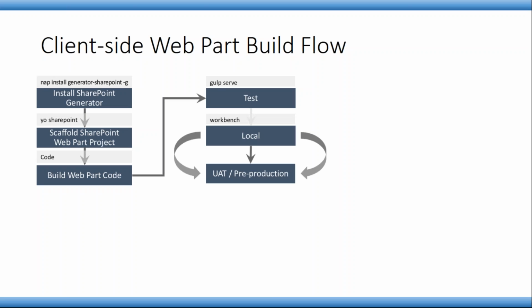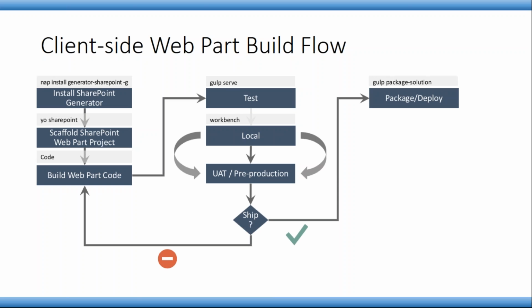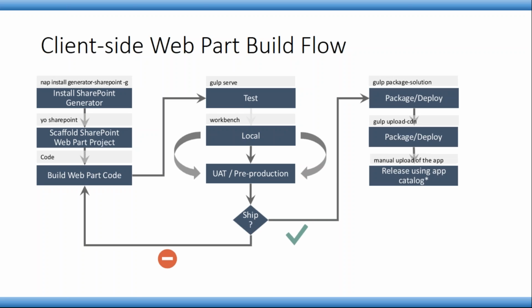We follow this process of modifying the code. Gulp serve will compile, then the Workbench will display our changes, and we test until we complete our development. If we are ready to ship, then we need to package our components, again using this type of instructions, gulp package solutions, and then we will package and deploy our components.